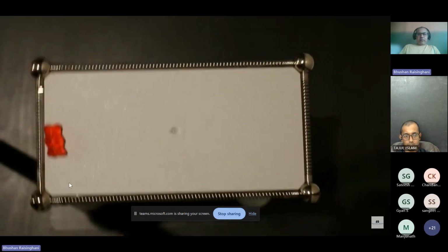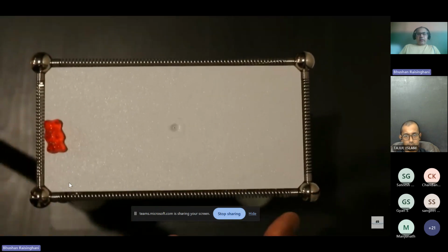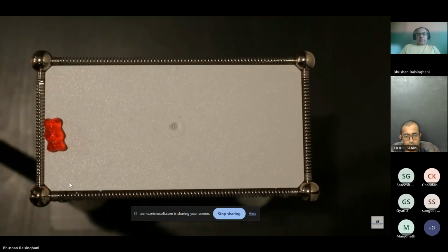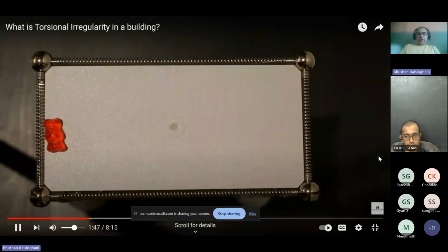One side is flexible, one side is rigid, and the load is on the flexible side. So that is a stiffness issue demonstrated here.